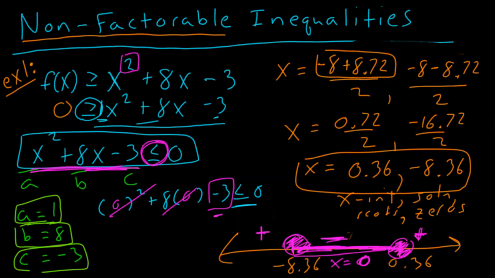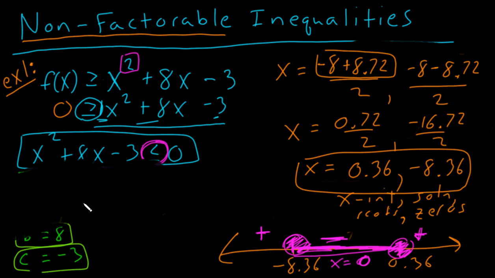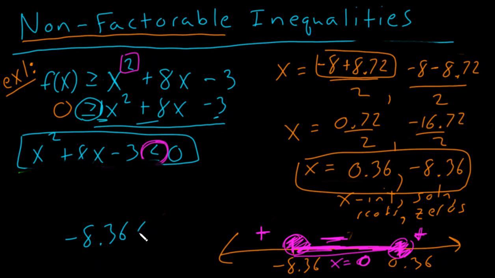And we know when our solutions are in between two numbers, it's a conjunction of solutions. So how are we going to write our conjunction of solutions? Well, we're going to say basically this. Our leftmost value, negative 8.36, is less than or equal to x, is less than or equal to 0.36.